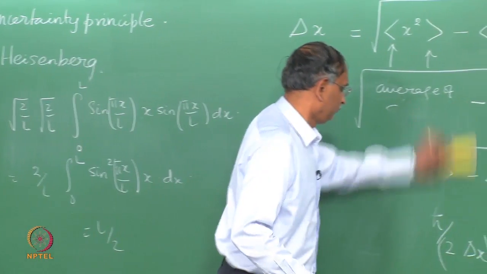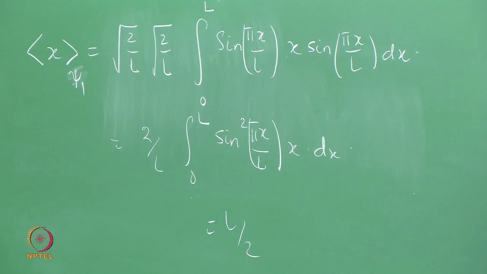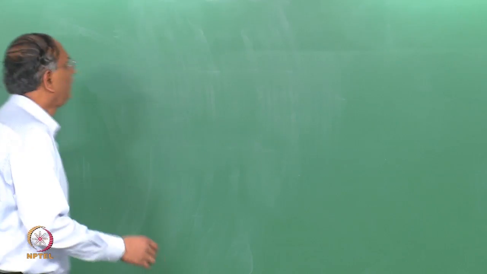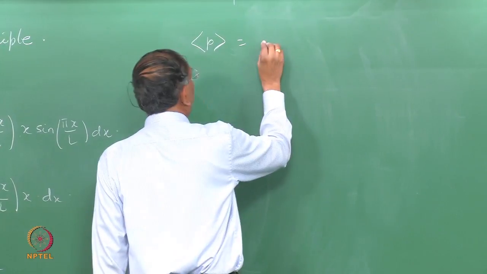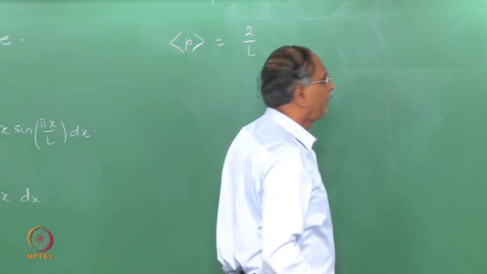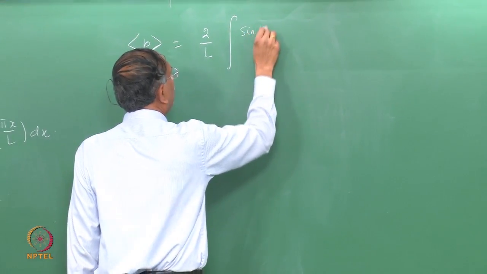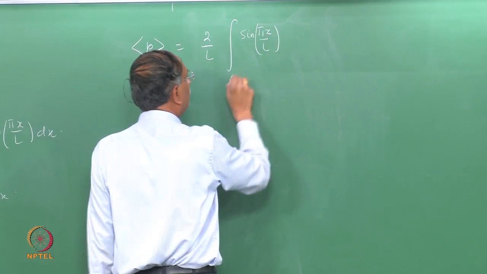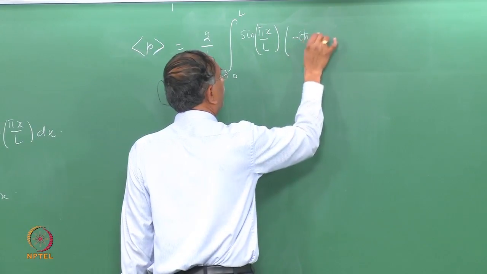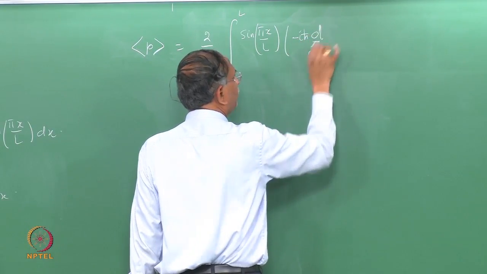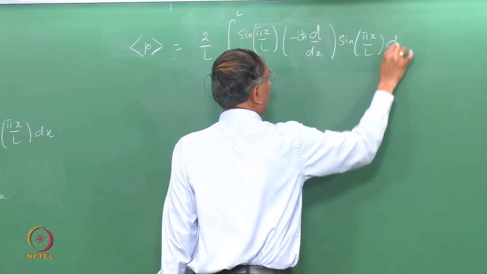What about the momentum? You have to be careful in ensuring that the momentum operator, which is a derivative operator, is placed as written here, namely 2 by L that comes from the two constants, psi star psi. Then you have sine pi x by L between 0 to L, and the momentum operator is minus i h bar d by dx acting on sine pi x by L dx.